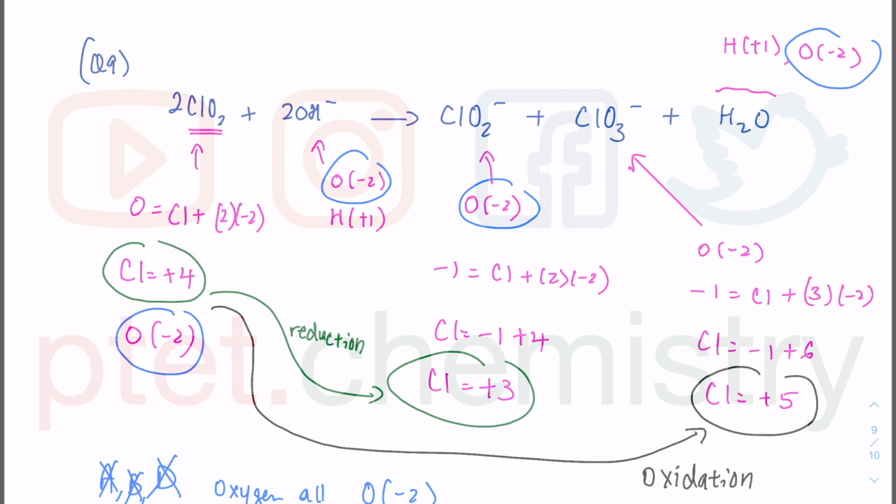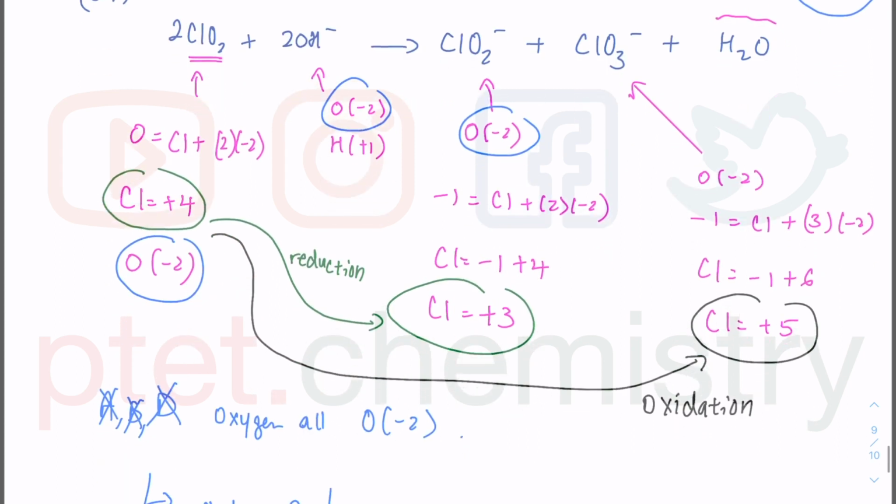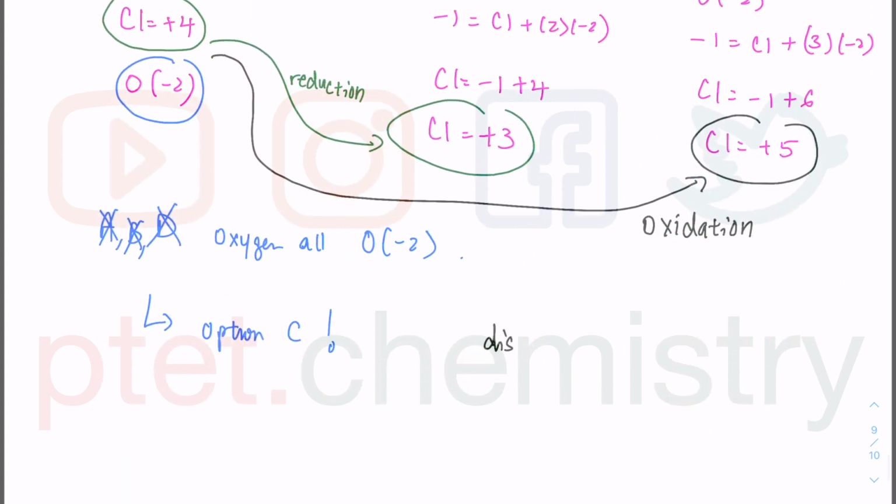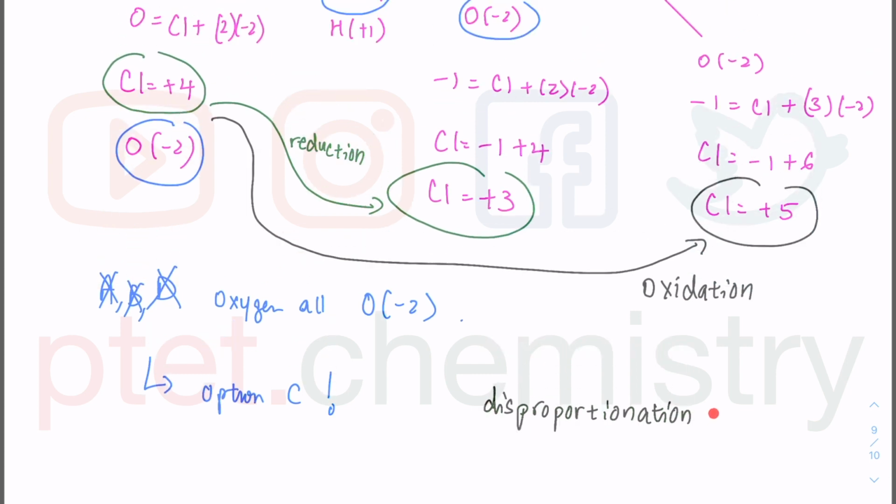We can see one chlorine species has both been oxidized and reduced in the same reaction. This is a type of reaction you would call disproportionation. So in structured questions, they usually ask you to define disproportionation. What do you understand by disproportionation? A redox reaction where one species is both oxidized and reduced in the same reaction.